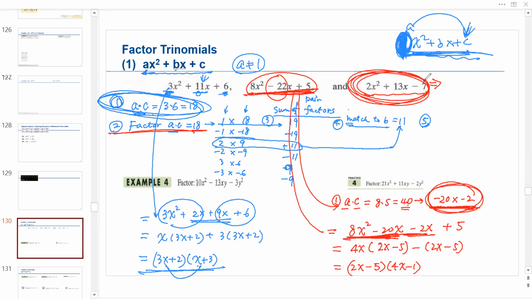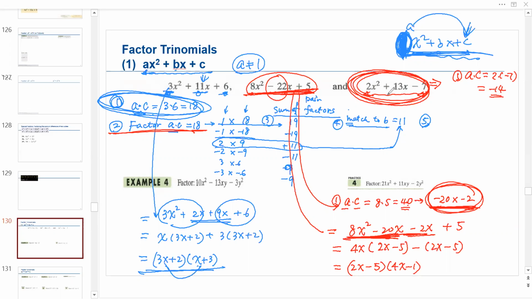I can give you a hint. A is 2, B is 13, C is -7. So the first step is A times C equals what? 2 times -7 is actually -14.